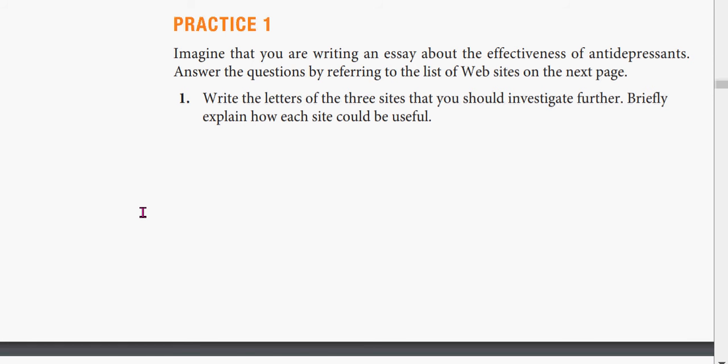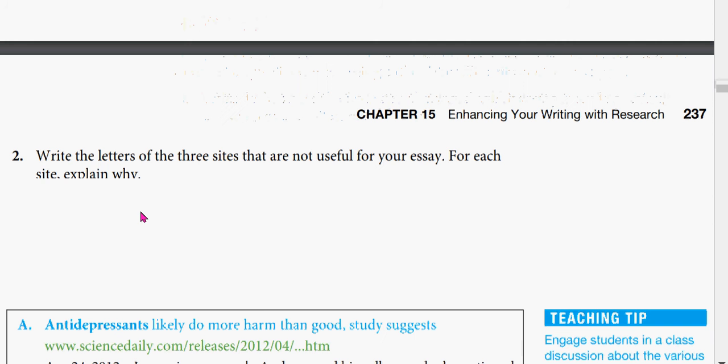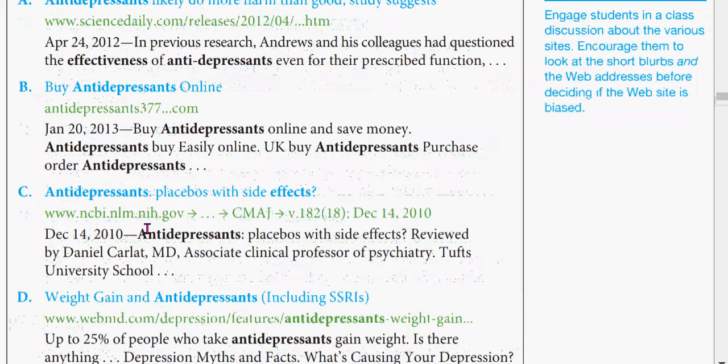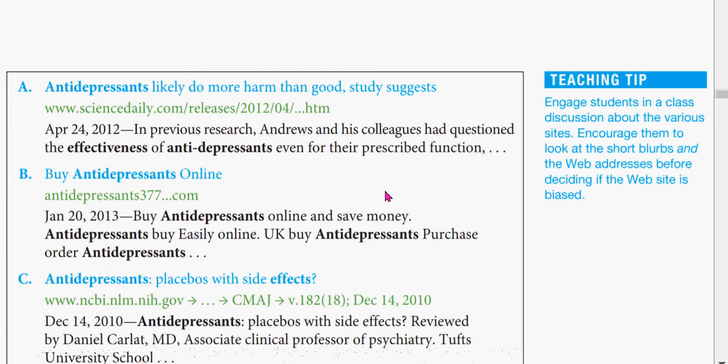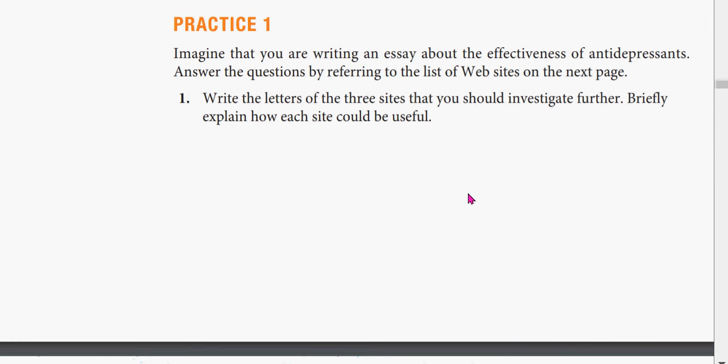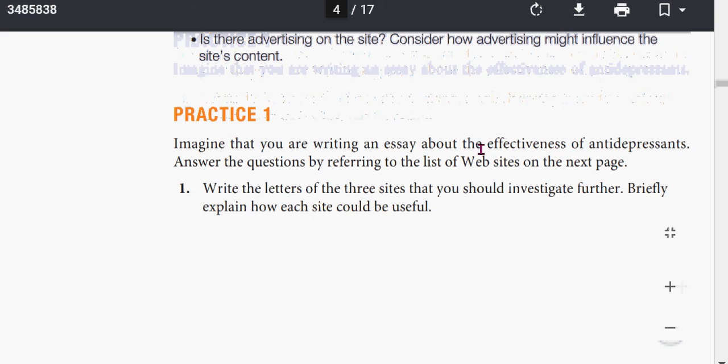So the practice assignment here is to look at these three websites here. We have here 6 websites, and they're all about the topic of antidepressants. So pretend that you're writing an essay, and the topic is the effectiveness of antidepressants.